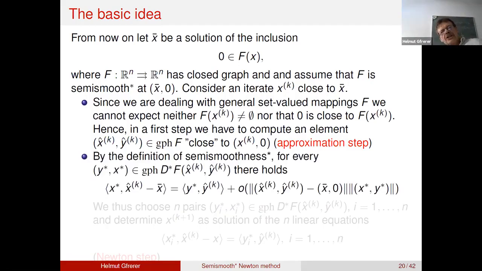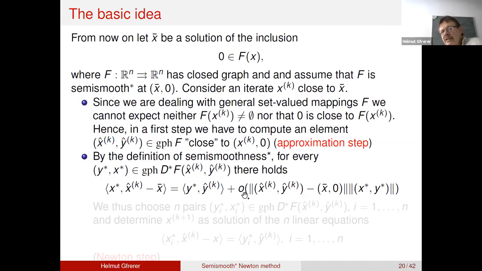By the definition of the semismoothness star property, we know that for every y star and x star belonging to the graph of the coderivative of F at x hat k and y hat k, this relation holds. Here you have <x star, x hat k minus the solution x bar> equals <y star, y hat k> plus some little o term.